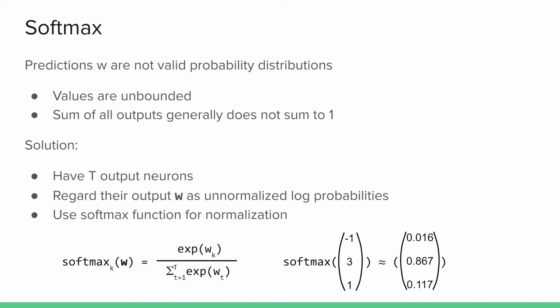We compute this function here, and what it does is it squeezes any value that we might have into the range of 0 to 1, and it also ensures, by the normalizing term that we see at the bottom here, that the sum of all values always adds up to exactly 1. And there you go, you have a probability distribution. So in our case here, the Softmax would produce these probabilities for -1, 3, and 1, which you can see correlate. A high value is a high probability for a certain class here.